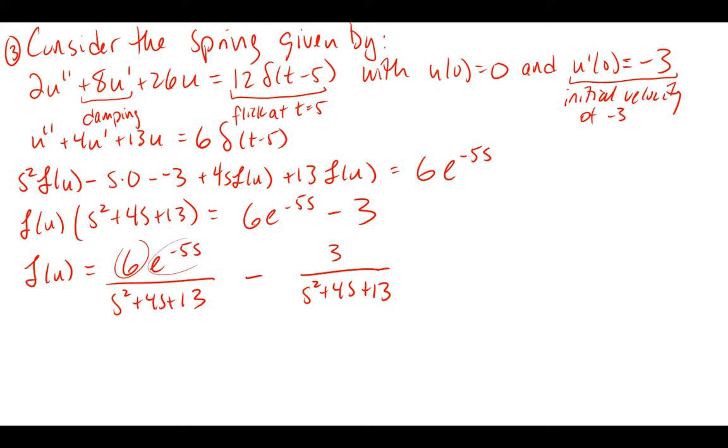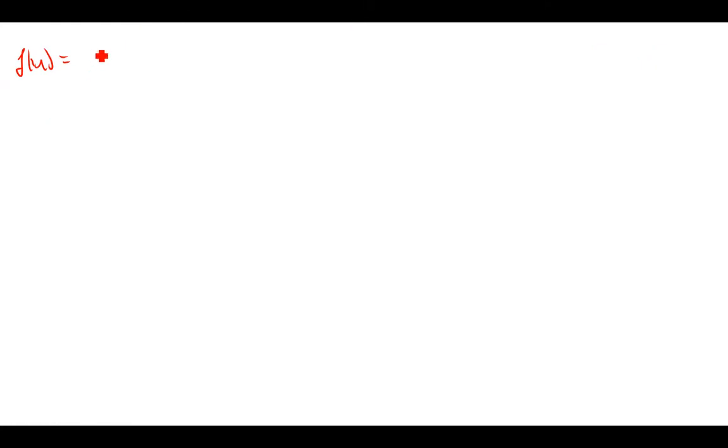The e, I'm also going to pull in front, because to make it look like Rule 10, I'd like to have the e and then the rest of it. So in order to make this look like Rule 10, I might start by saying, well, 6, that's just going to come along. Then you have the e piece, and then what's left then is 1 over s squared plus 4s plus 13.